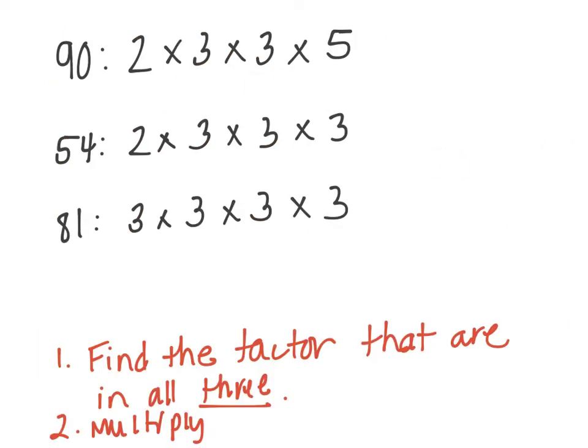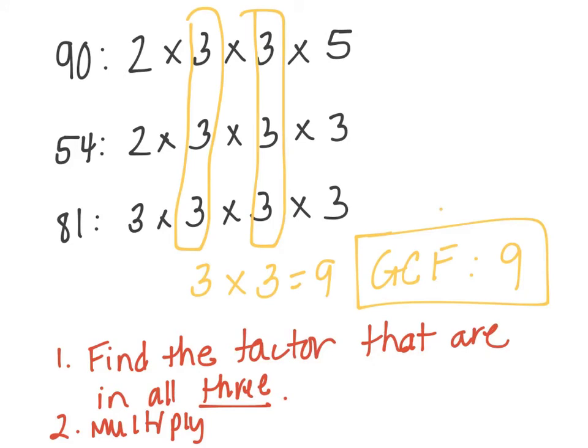Now the first step when finding the greatest common factor is to find the factors that are in all three prime factorizations. So if we look here, now remember, it has to be in all three. So here we have 3 and 3, 3 and 3, 3 and 3.